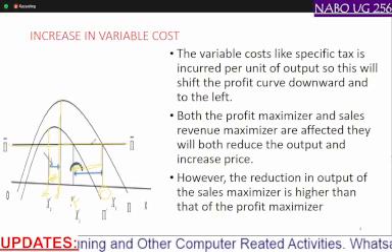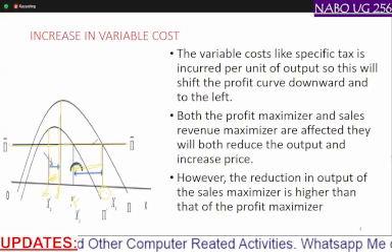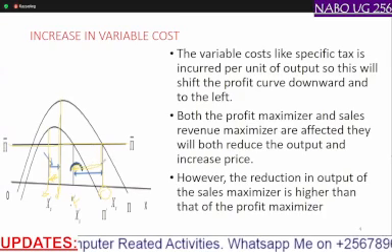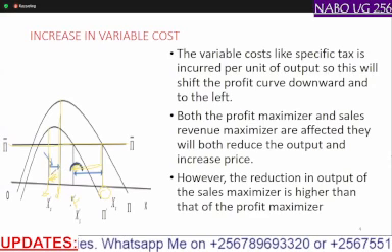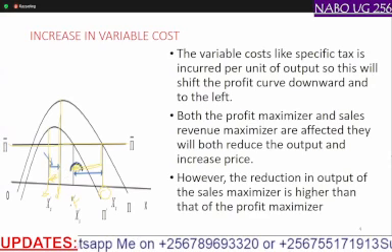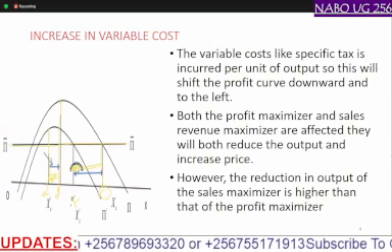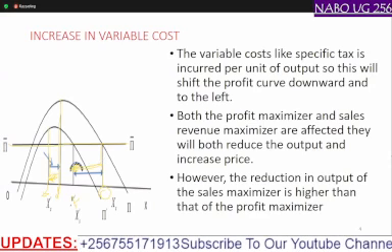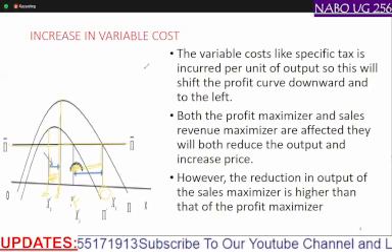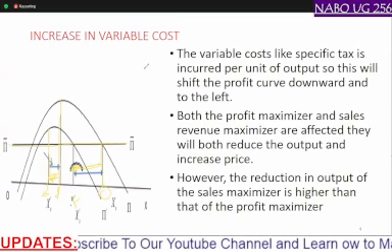Here, both of them reduce output, but the reduction for the sales revenue maximizer is much higher. That's what we note. Since both have reduced output, they will increase the price. So that's what I can say on that slide.